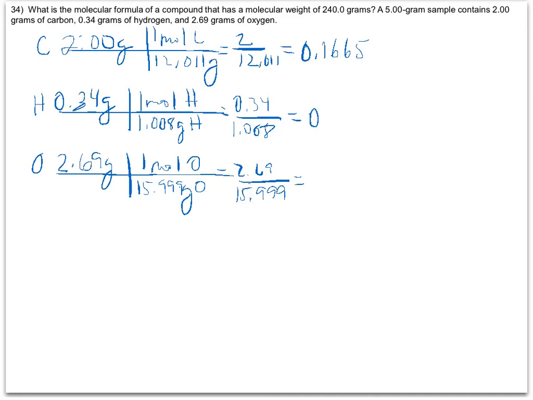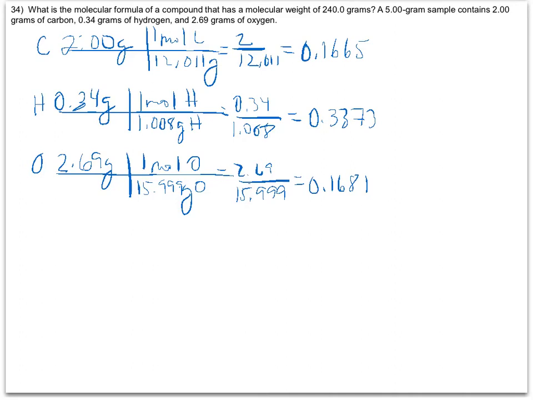And hydrogen is 0.3373, and oxygen is 0.1681. Okay, so if we look, smallest number is carbon, 0.1665.